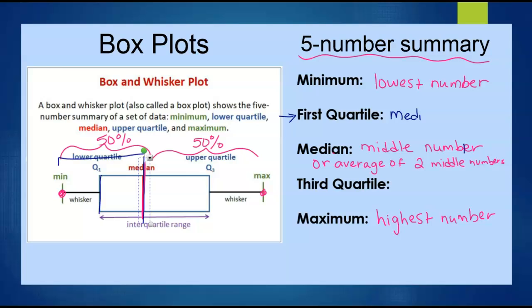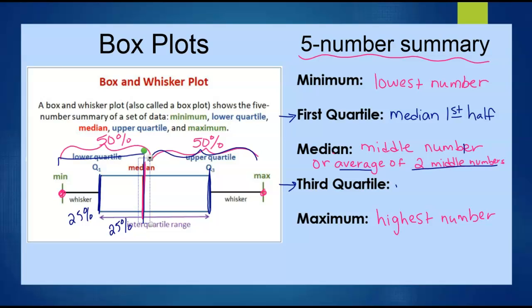So we find the median, the middle number of the first half of the data, and remember, if it's a tie, I would take the average of the two middle numbers. So if this is the median of this first half, then this is 25% of your data, and this is 25% of the data.